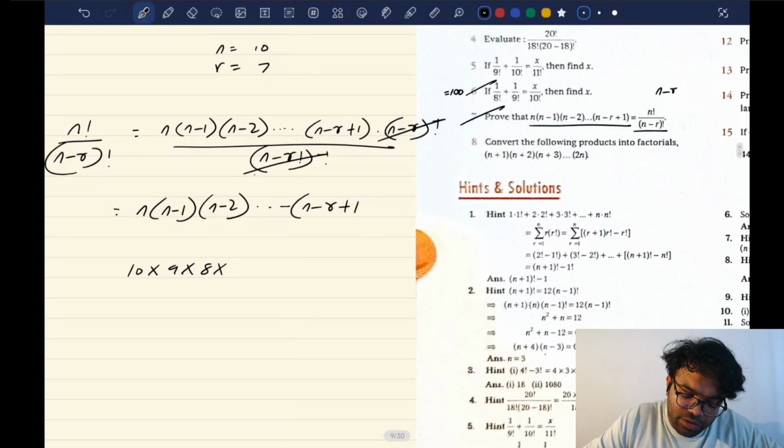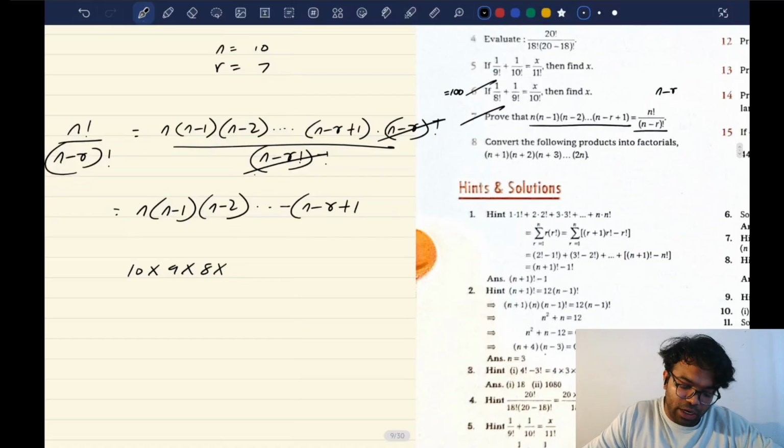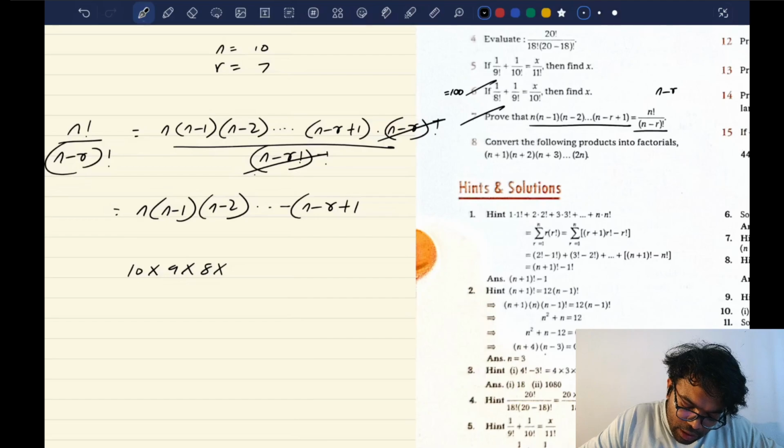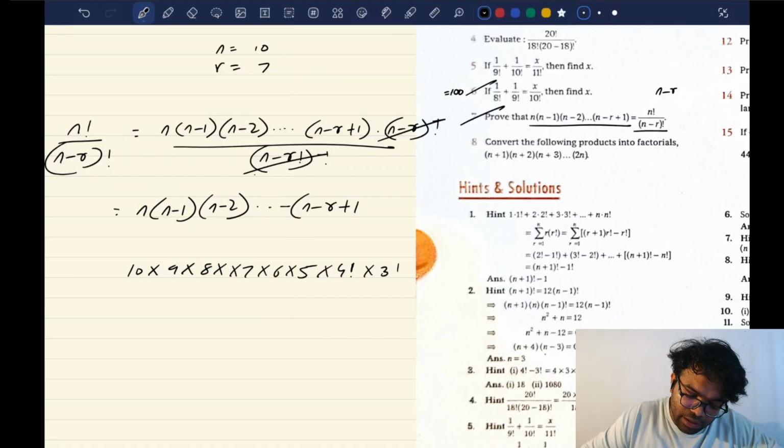So 10 minus 7 is 3 plus 1, that is 4 factorial. So we'll go till 4 factorial. So you will have 8 into 7 into 6 into 5 into 4 factorial, and n minus r is 3 factorial. Okay, clear?